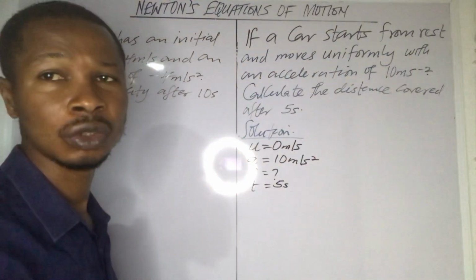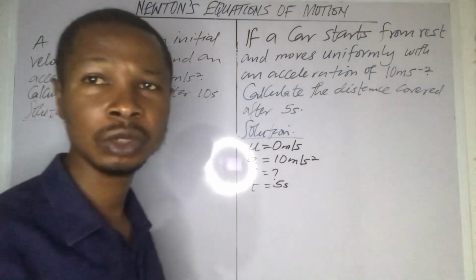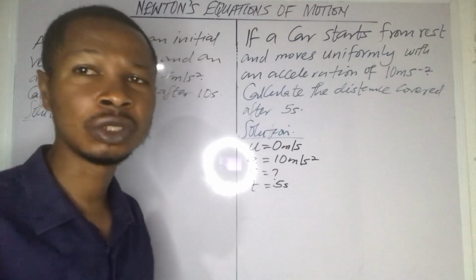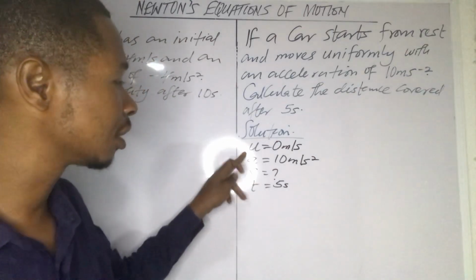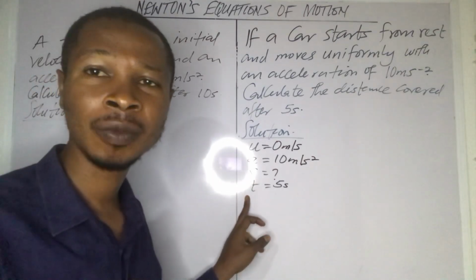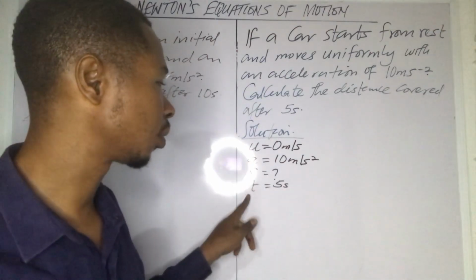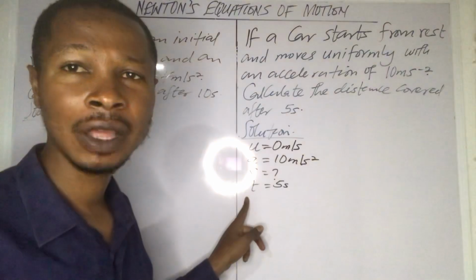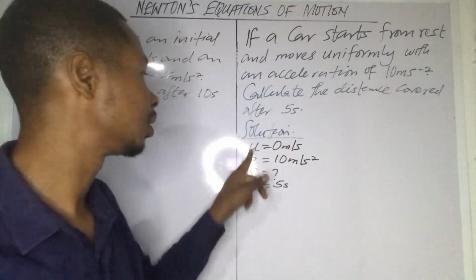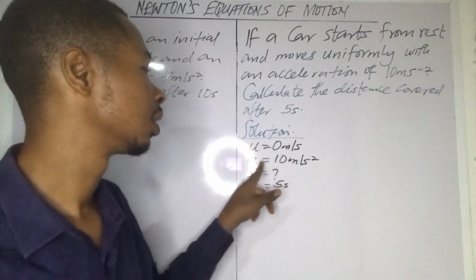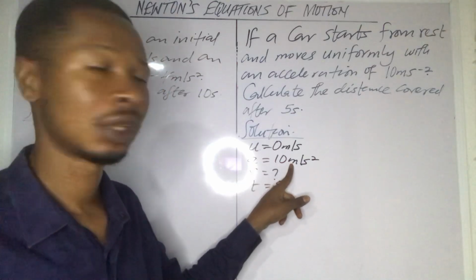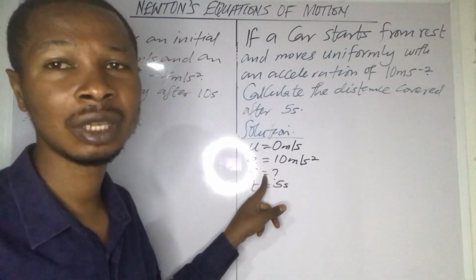Now, from the three equations of motion that we have, which of the equations of motion contains everything that we are given, and what I'm looking for? This is u, initial velocity, a, acceleration, x, distance is what I'm looking for.